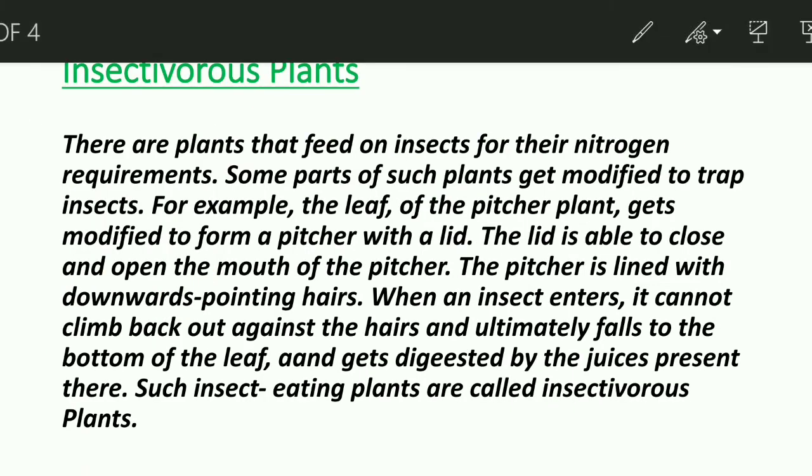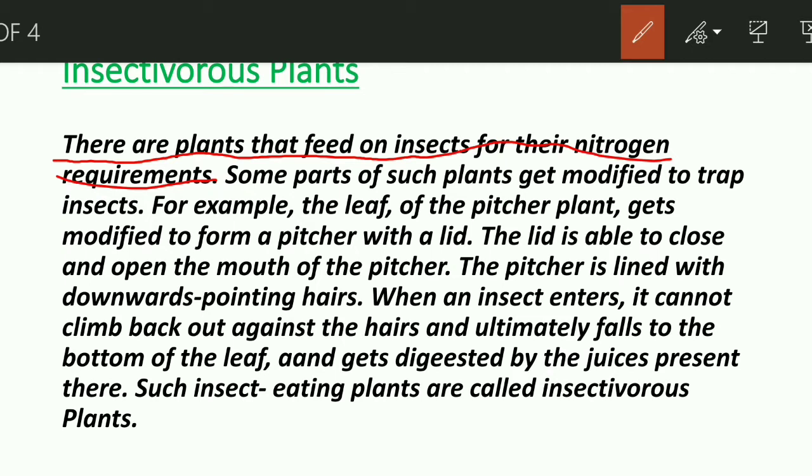Insectivorous plants. There are plants that feed on insects for their nitrogen requirements. You know very well, friends, that plants cannot take the atmospheric nitrogen directly.